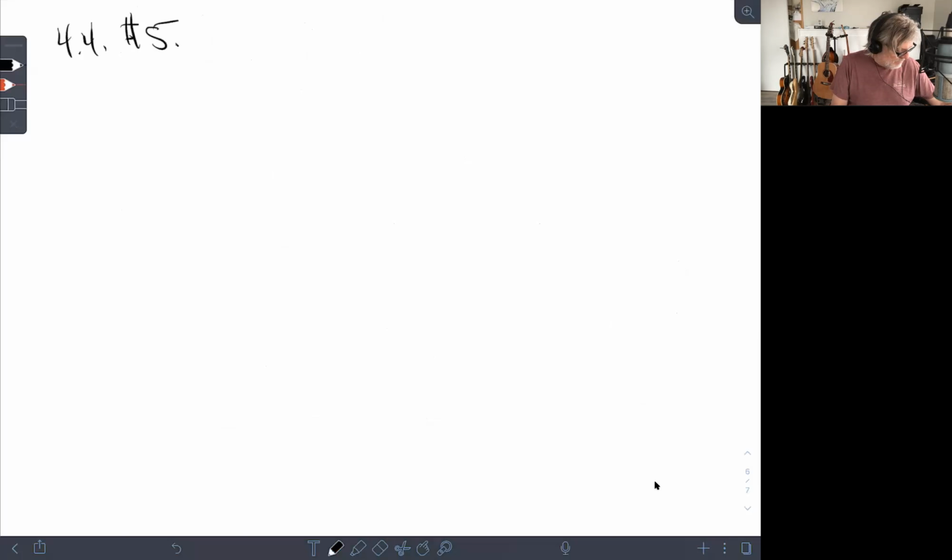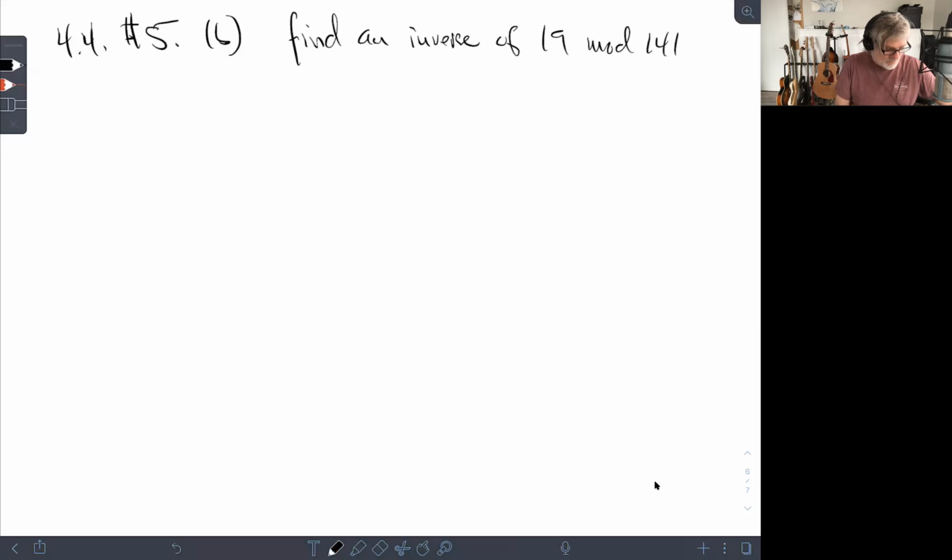5B. I'm asked to find an inverse of 19 mod 141.